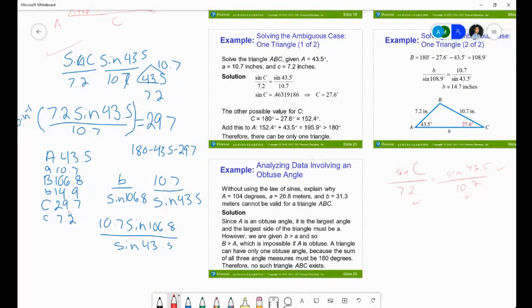Okay, good. Alina got 29.7. That's good. Side B, you got 14.9. Now, let me ask you if you rounded in the places. What did you find first, Alina? I found all my C values first. Okay, so what was your exact value for C?